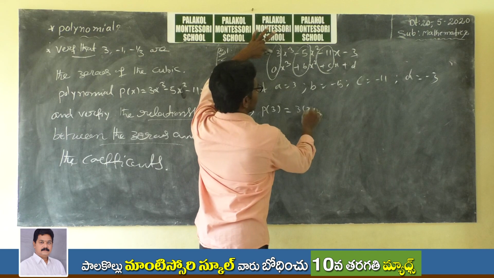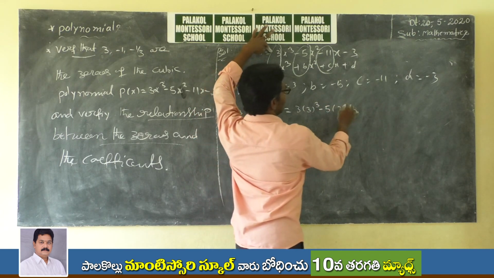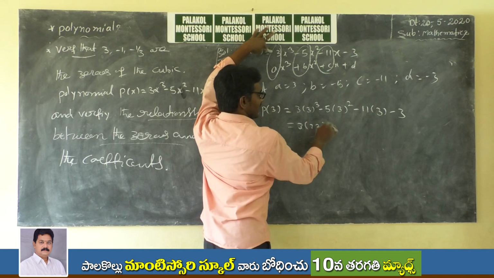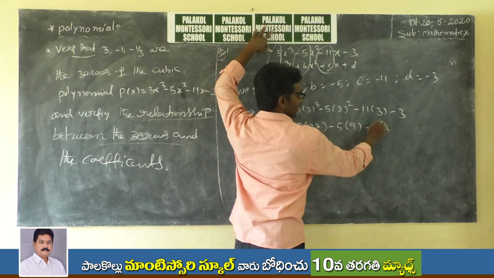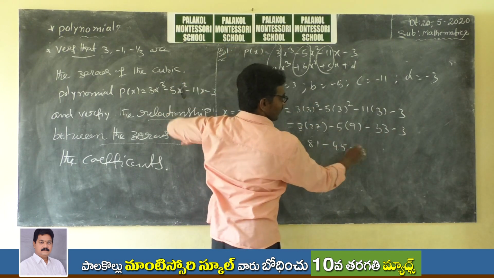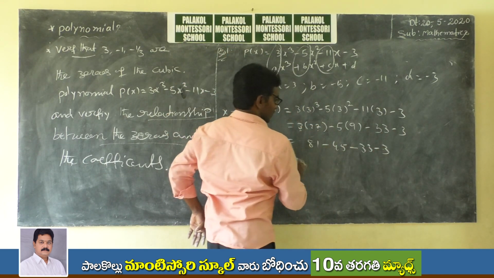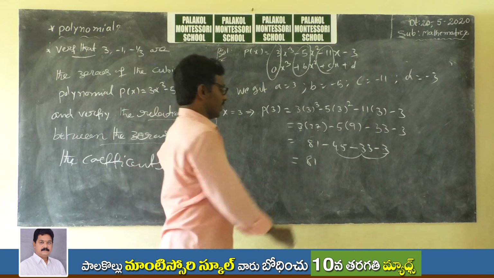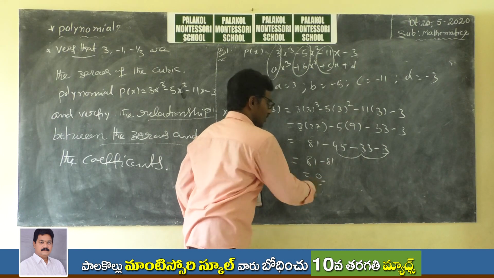So 3 of 3 cube minus 5 of 3 square minus 11 of 3 minus 3. This is 27 minus 5 of 9 minus 33 minus 3. This is 81 minus 45 minus 33 minus 3. So these all are added. Why? Because these all numbers are negative numbers. So minus 81, we get 0.